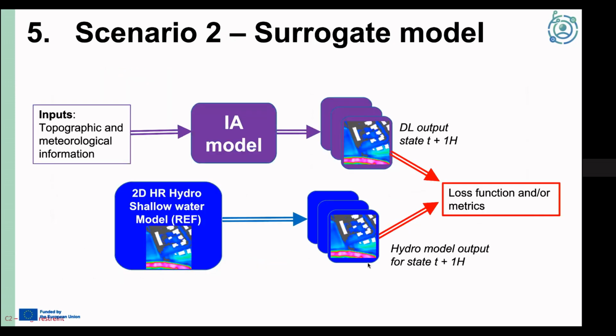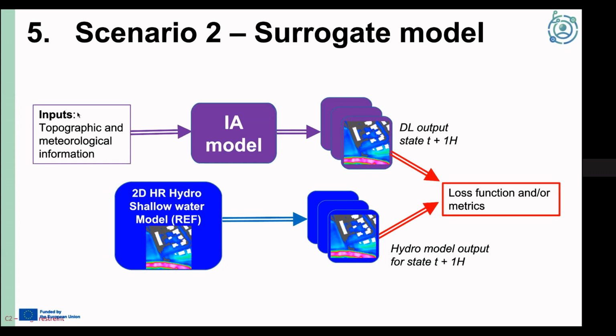The second scenario, as I said during the presentation: we have two ways to use AI in our use case. First, it was to facilitate the input data processing, and now we want to replace the physical models completely. We are only using the input and the output of the hydrodynamic model as ground truth.